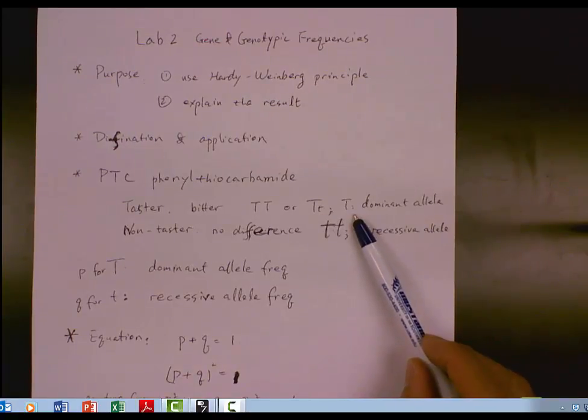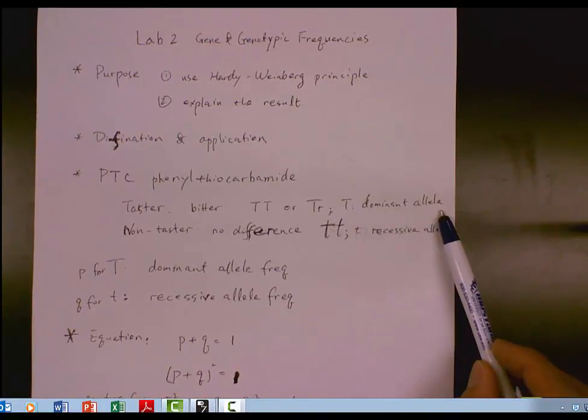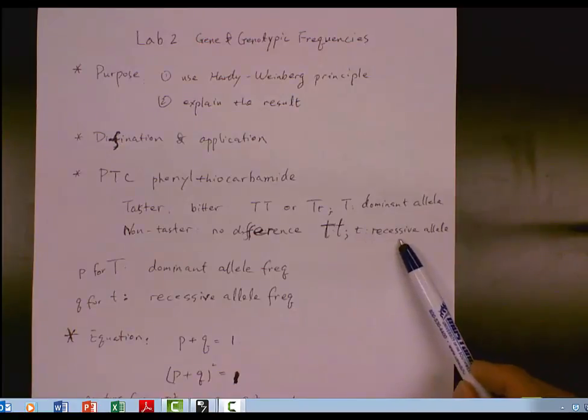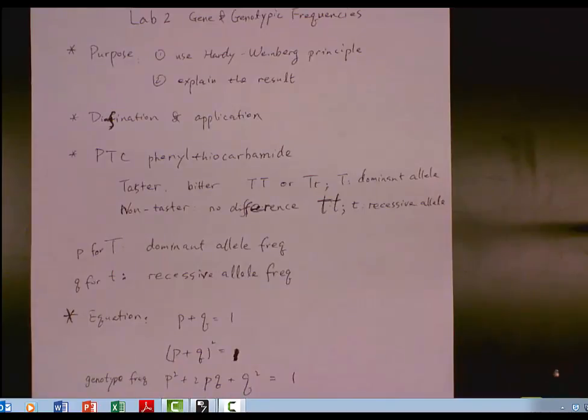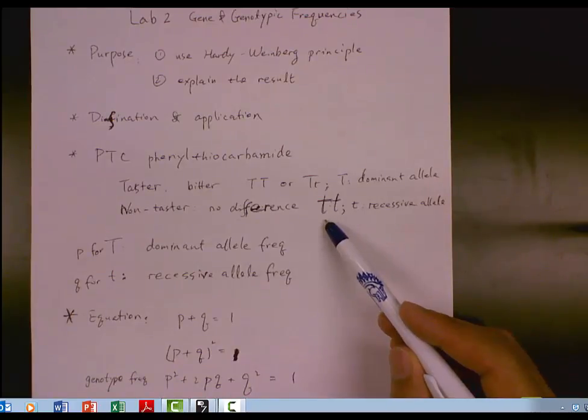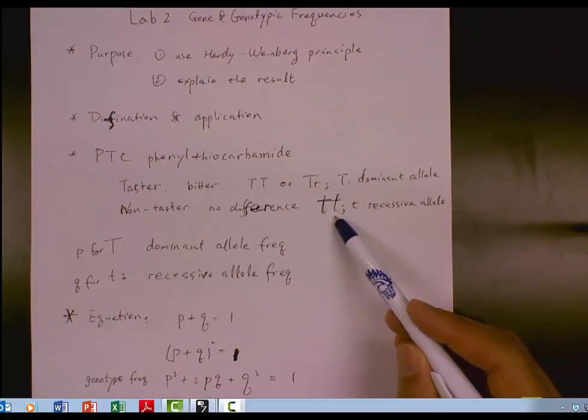Big T stands for the dominant allele, and small t stands for the recessive allele. Those who cannot taste it have the genotype little t little t. Both are homozygous; that's called homozygote recessive.